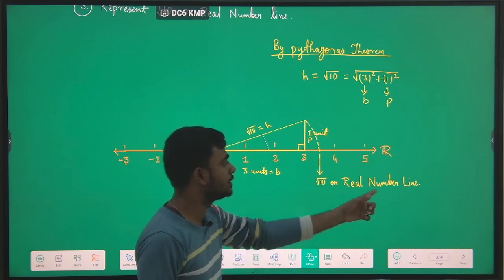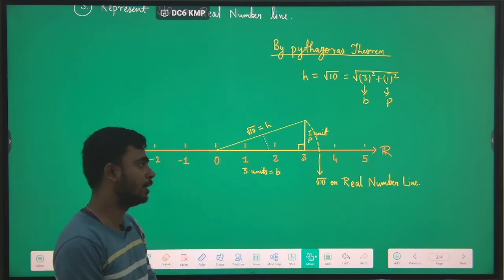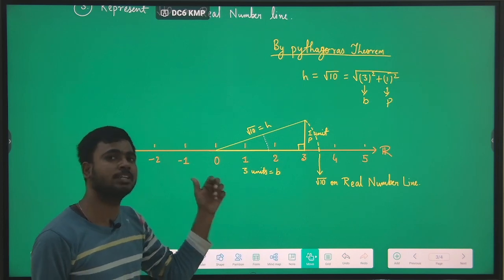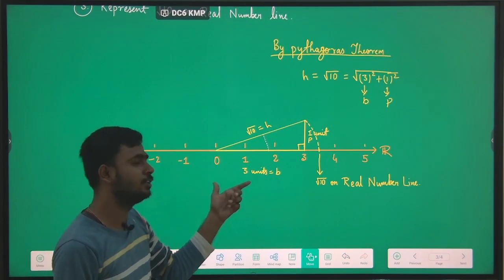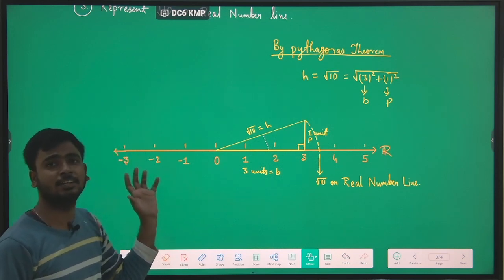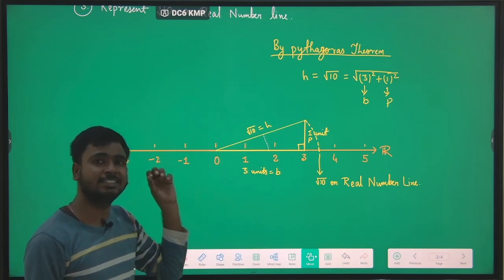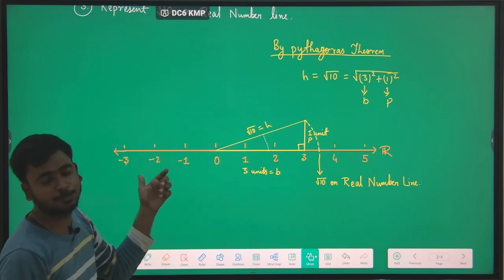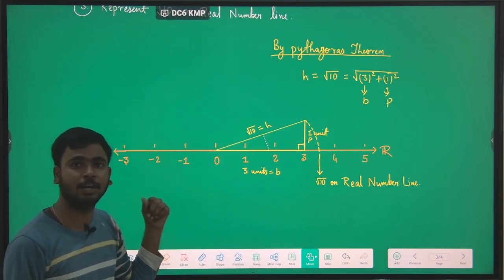So we have represented root 10 in our real number line. Similarly, if we are asked root 17, root 13, anything, we can do this. Okay. So by this, you have understood till now what an irrational number is, and how we can represent an irrational number on real number line.